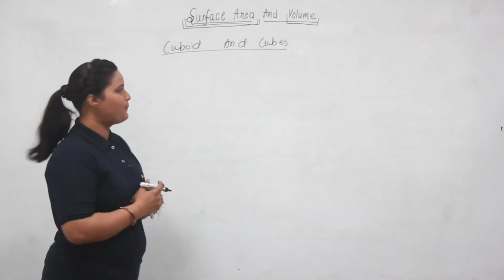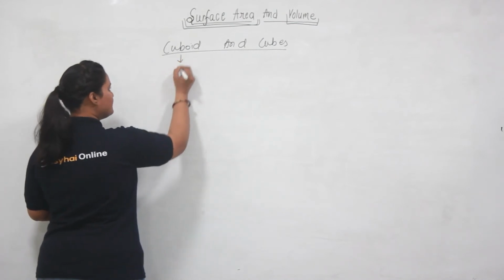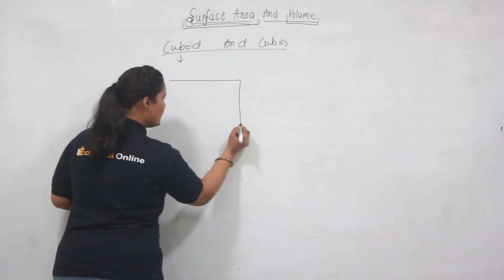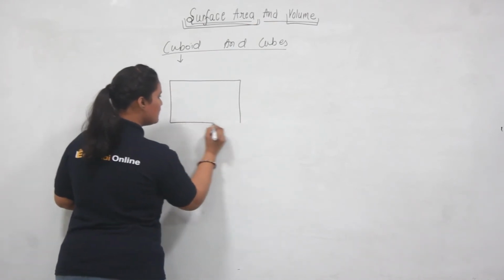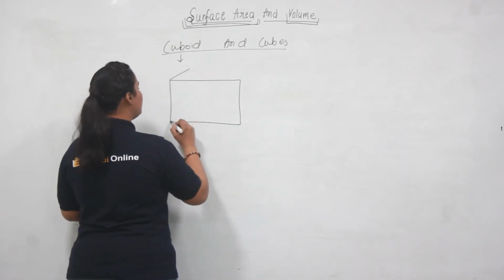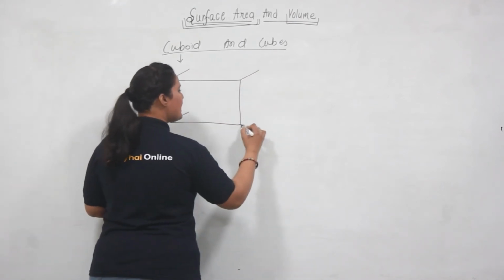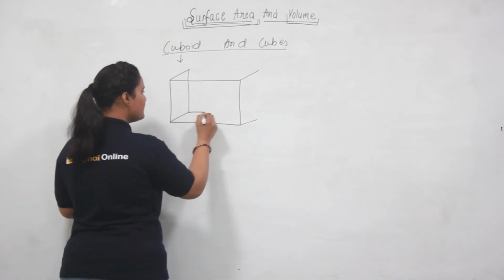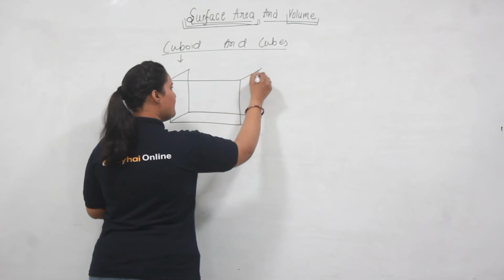So let's start. First we will talk about cuboid. Cuboid is a 3D figure. 3D means it has 3 dimensions. Its name indicates that this is a 3-dimensional figure.